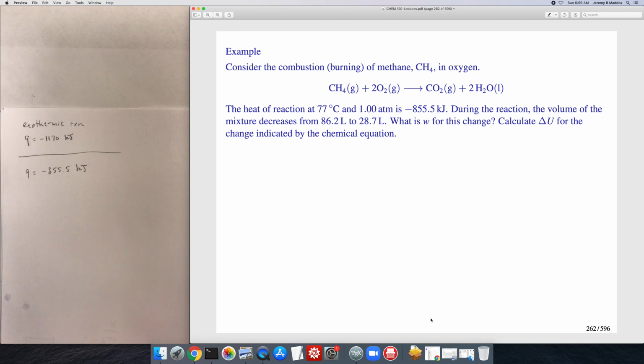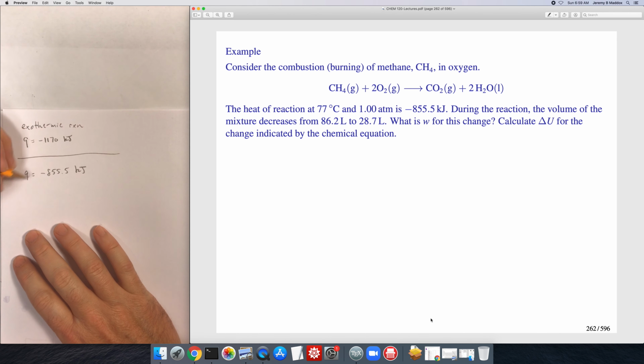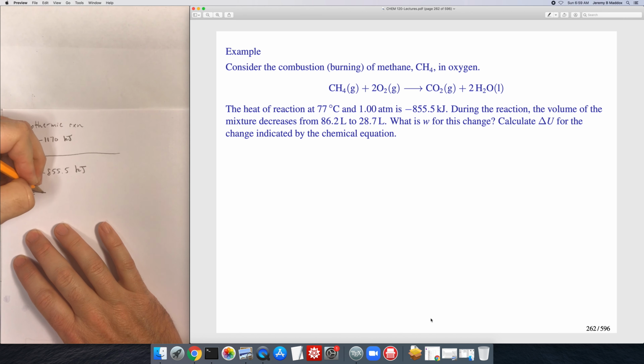And then they tell us some information about the volume change that occurs during this reaction at a pressure of 1 atmosphere. So they want us to calculate the work. For PV work, that's the type of work that's happening in this problem, work equals minus the external pressure times delta V.